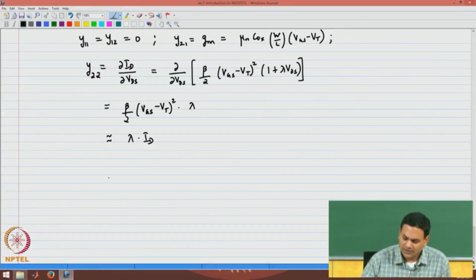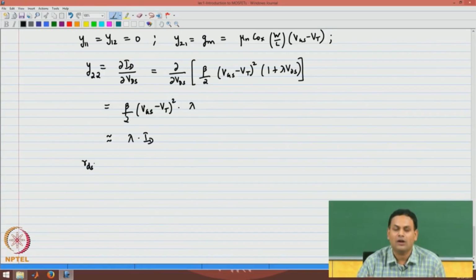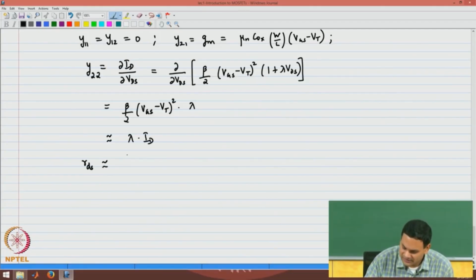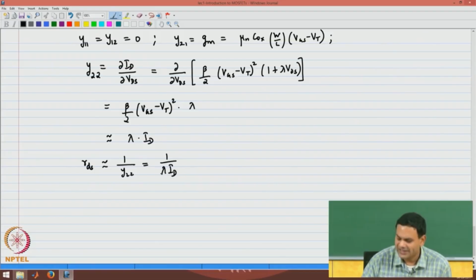Now this is the conductance between the output ports, and if you were to find the resistance, which I will call RDS, the drain source resistance of the MOSFET, this is 1 over y22, which is 1 over lambda id. In other words, if you know the lambda for the device and the drain current at the operating point, you can calculate the drain source resistance.